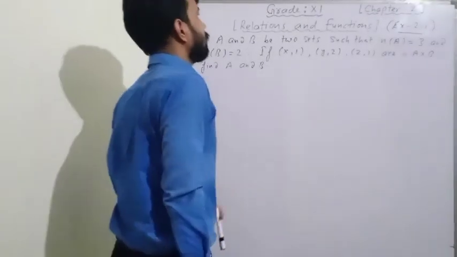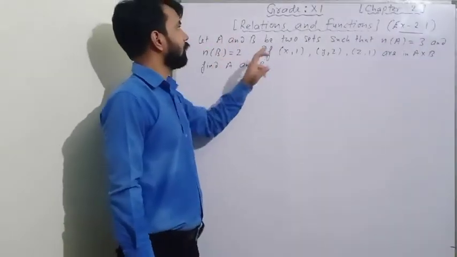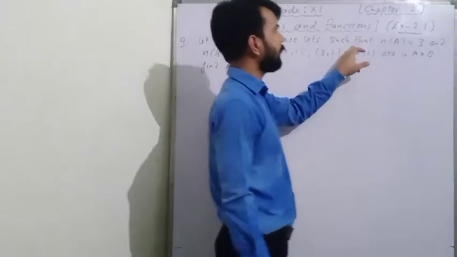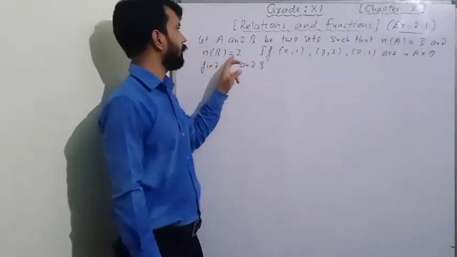Okay students, question number 9. Let A and B be two sets such that the number of elements in A is 3 and the number of elements in B is 2.